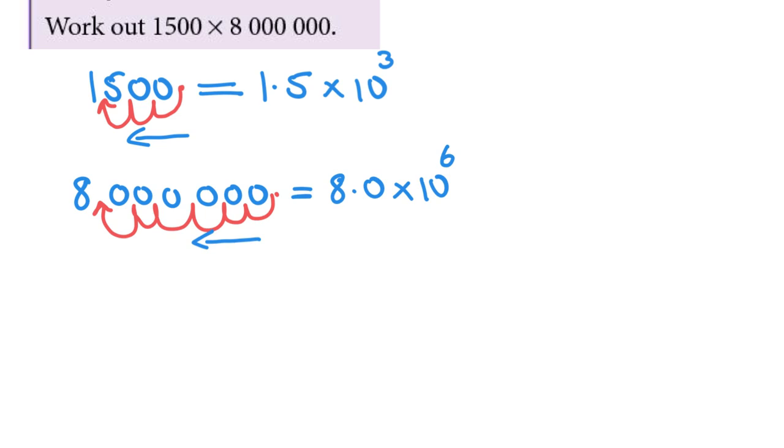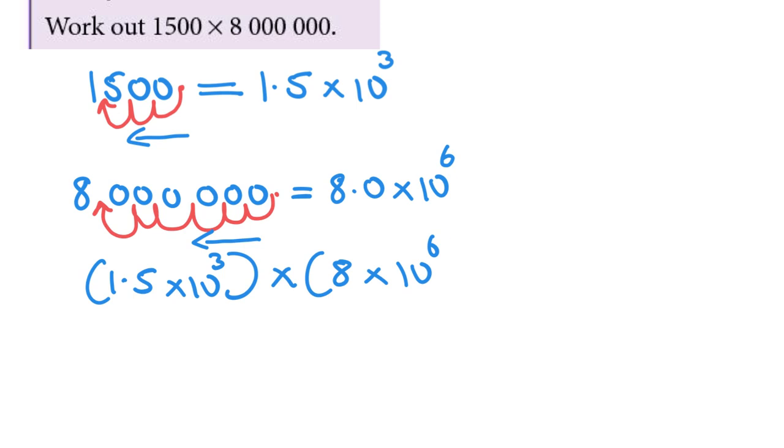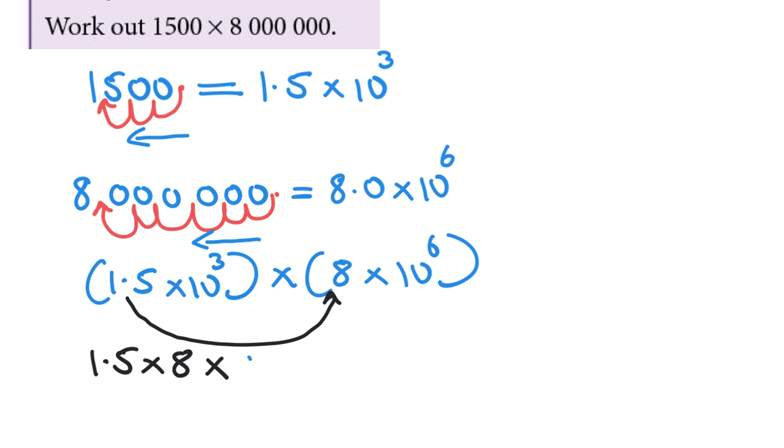So can we now multiply them? 1.5 into 10 to the power 3 times 8 into 10 to the power 6. Now how do we multiply this? We will multiply 1.5 times 8 and then times 10 to the power 3 times 10 to the power 6.